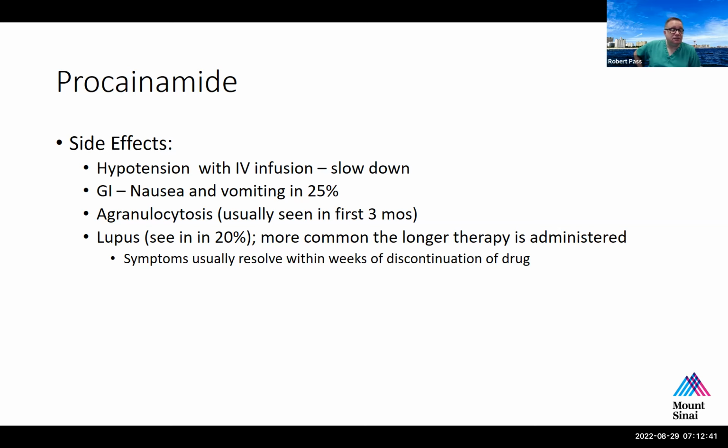The long-acting version is given twice a day, and it comes as a very large tablet, something like 1,000 milligrams or more. And so basically, you have to be an adult-sized person to take procainamide. And I think in the present era, there are enough other agents that don't carry these side effects that it would be uncommon for somebody to be on chronic oral procainamide.